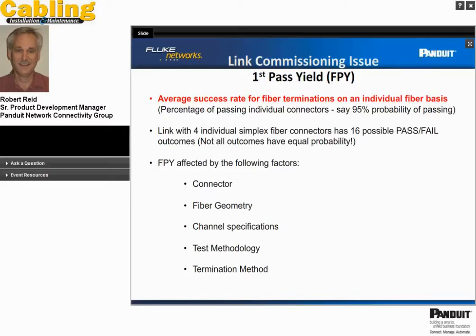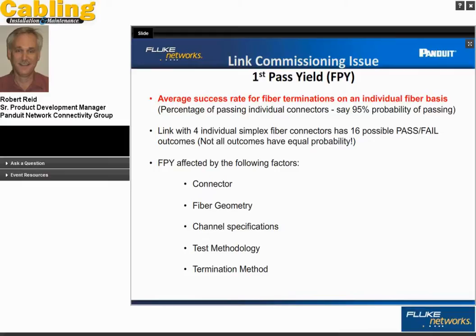One of the issues when we're commissioning links really is, as a contractor, if I have a connector system in my hands, if I take 100 connectors and I terminate them in succession, how many of those can I get to pass on first pass? What is the yield? So we state that as a percentage.